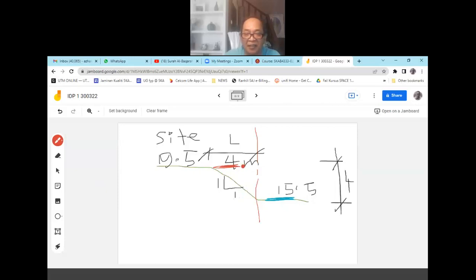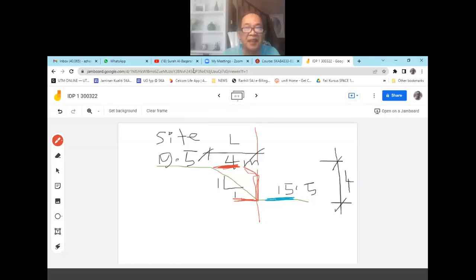Then I would need a retaining wall located here, and this will be my road level, because the road is too close to the boundary. There is no sufficient distance to create a natural slope. So that is why I'm proposing this.